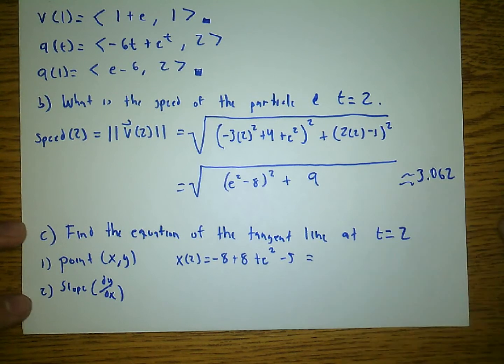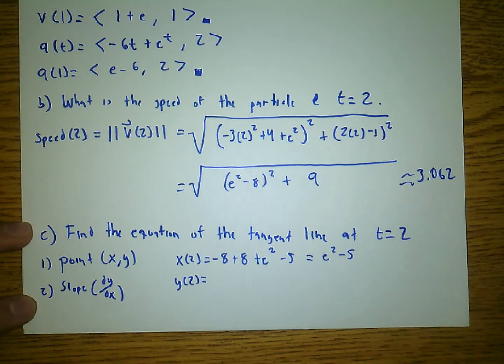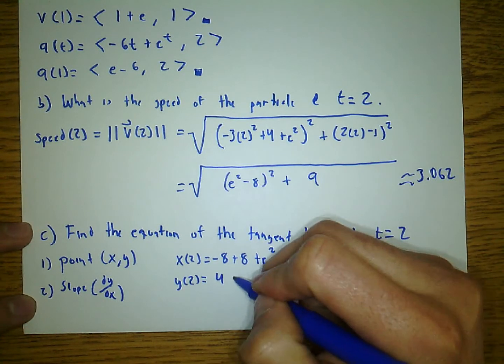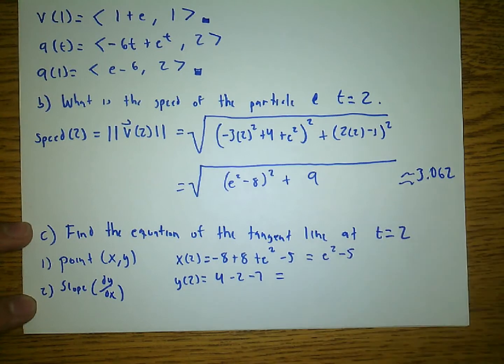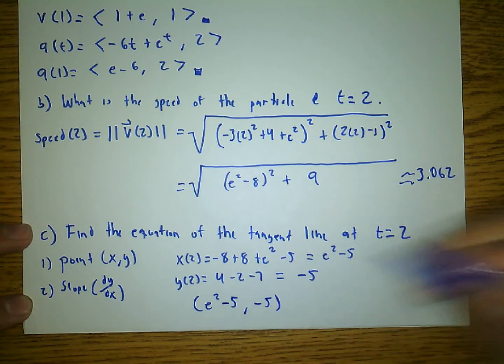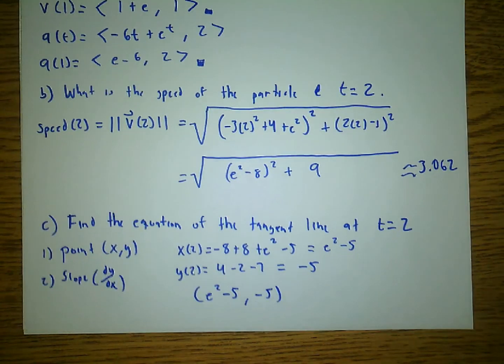Which means you get what? e squared minus 5. All right. And then y of 2 would get us what? We got 2 squared, which is 4, minus 2 minus 7, which gives you negative 5. So the point that we have then is (e squared minus 5, negative 5). Are we okay? All right. So now what? How do I find dy/dx?